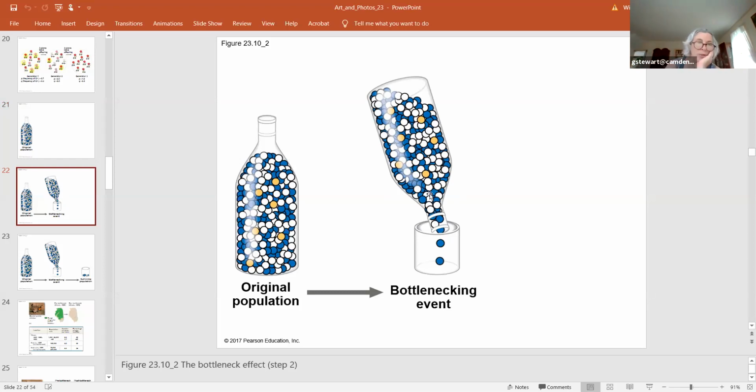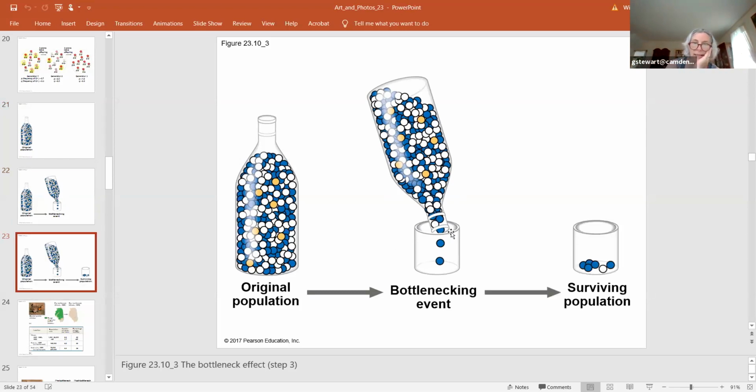And only a few survivors leave alleles, and notice in this surviving population we would get a huge shift in the allelic frequencies, because you can clearly see none of the yellow alleles make it through, and only one of the white alleles makes it through; predominantly they're blue.